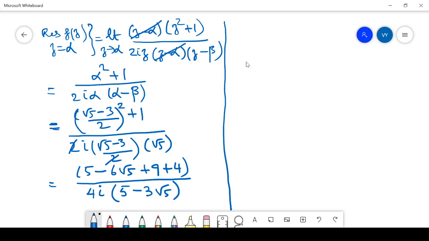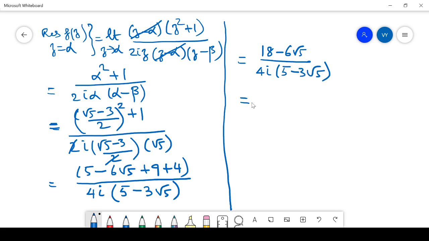Okay. When I simplify this, this will become 13 plus 5, 18. 18 minus 6 root 5 divided by 4i into 5 minus 3 root 5.